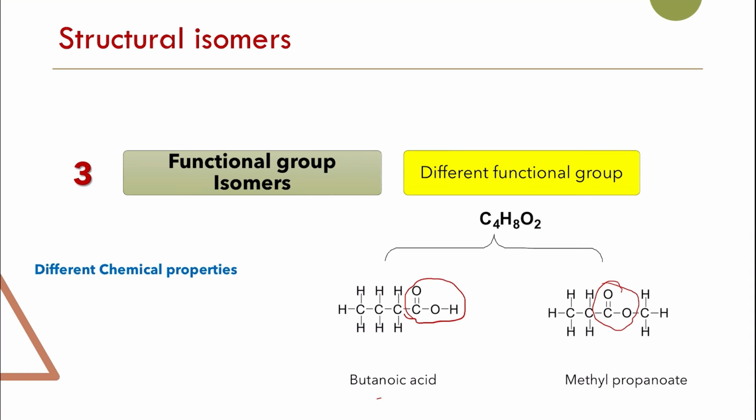So these two will have different chemical properties now because they have different functional groups. However, they also have different physical properties because they are completely different compounds. So all of the types of isomers are going to have different physical properties, but only the functional group isomers, where there is a difference in the functional group, will have different chemical properties.